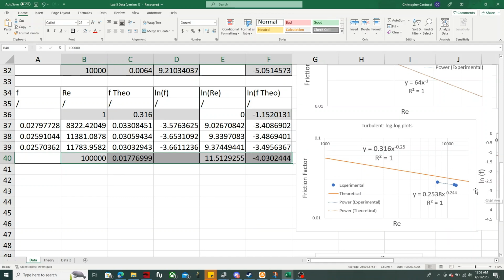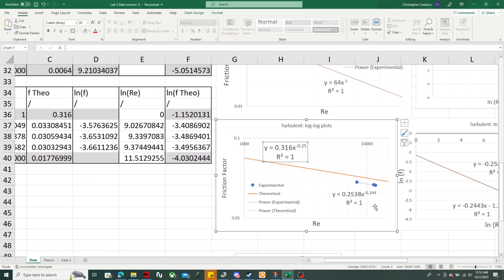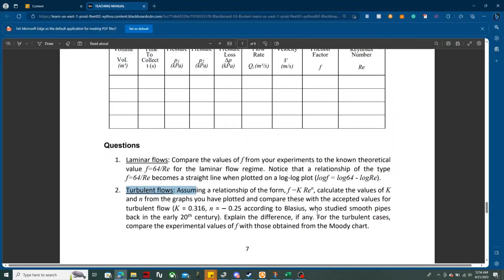Okay. And I also have my power trend line, both theoretical and then my experimental values. Okay, and you can see here I can very easily, using the power trend line, find my coefficient and the exponent. All right, but that is not the only way you can do that.